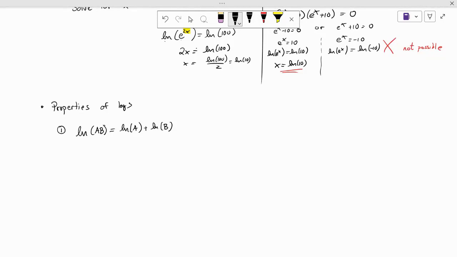And that's why they used to have logarithmic tables, because it's more work to multiply two numbers than to add two numbers.